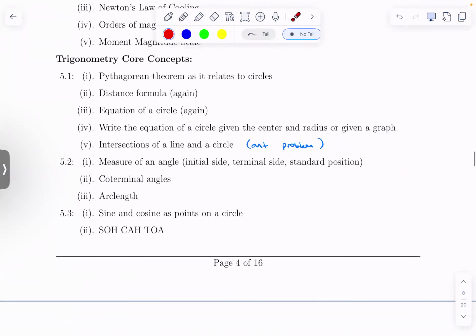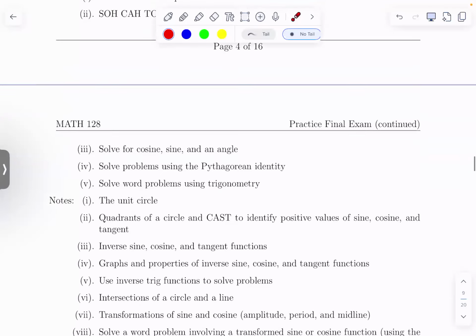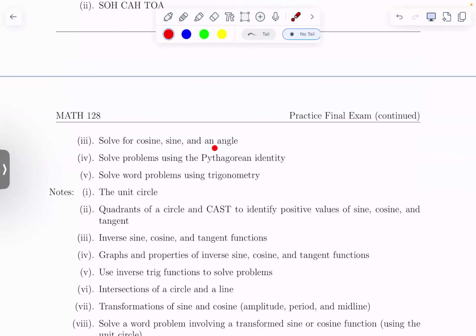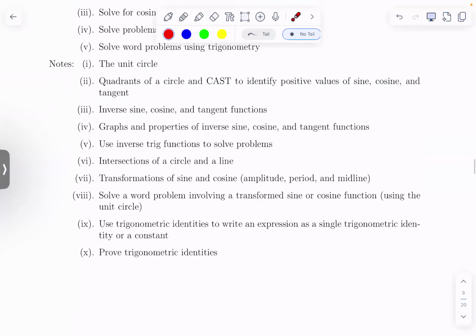Where is it? Sneakily introduced here, and an angle. Then you have to use the inverse trig functions.